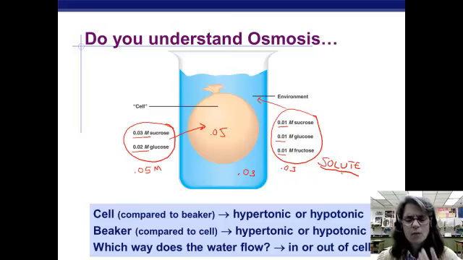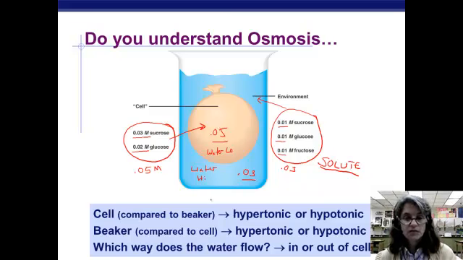Okay, so now where is the concentration of water, not solute, but water, higher? In the cell or in the beaker? The concentration of water is higher where there is less solute. So that means the concentration of water is higher out in the beaker. And the concentration of water is lower in the cell where there is more solute.